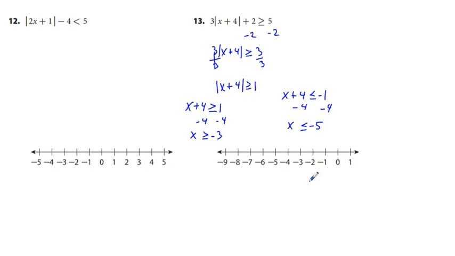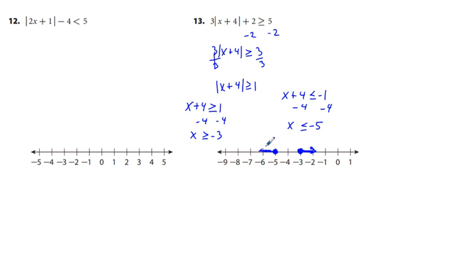And so here's our negative 3. And we are greater than or equal to negative 3, so we're going in this direction. And we're here at negative 5. We are less than or equal to negative 5.